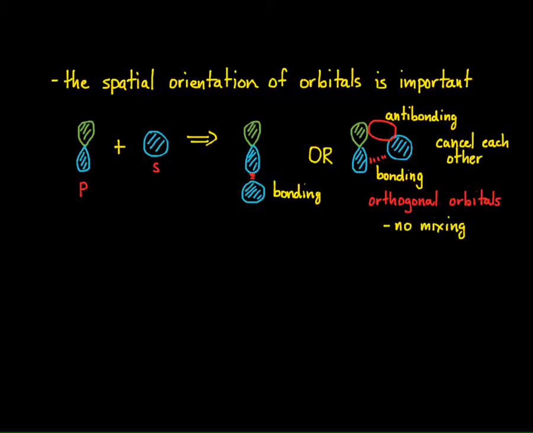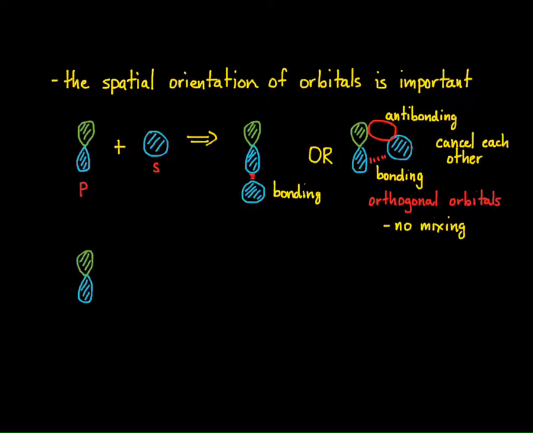So this doesn't exist whatsoever. So when you're mixing, you have to think about the shapes of the orbitals, which is why it's important to review the shapes of the s orbital and the p orbitals. Mainly those two, because those are the two types of orbitals that we're going to be looking at in organic chemistry, along with hybridized orbitals, which we'll get to in Chapter 2.